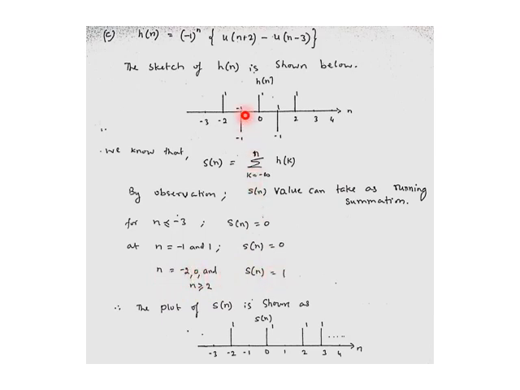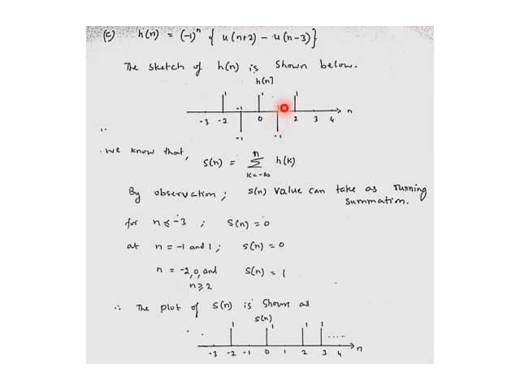When n is equal to minus 1, 0 plus 0 plus 0 till here, then 1 plus minus 1, so s of n is equal to 0. When n equals 0, the running sum from minus infinity to 0 is zeros added along with 1 minus 1 plus 1. What is the answer? We will have 1 when n equals 0.